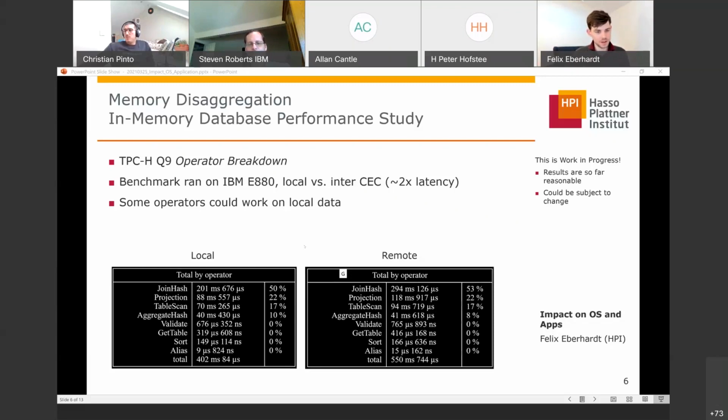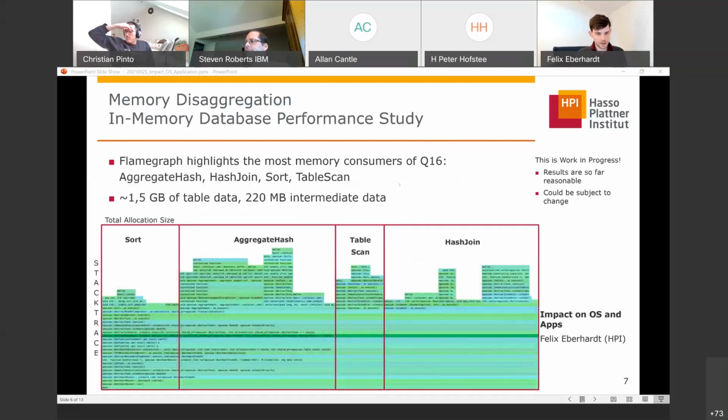What you can think of is, perhaps I want my raw table data on my local system and only the intermediate results needed for a hash stored on the borrowed memory. So it could be that that will improve the performance significantly. And it's also quite some memory you could save in one of those systems.